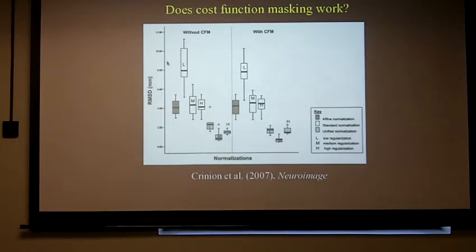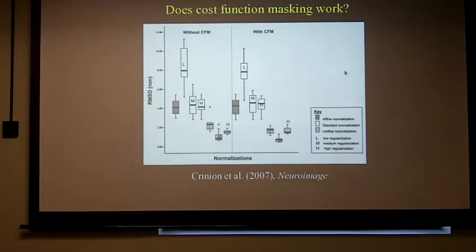So larger is worse, and smaller is better. They used SPM normalization algorithms to compare the results without and with cost function masking, and it's pretty much the same.